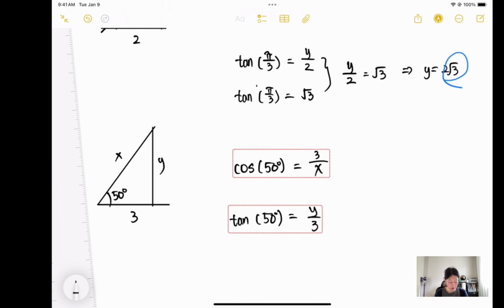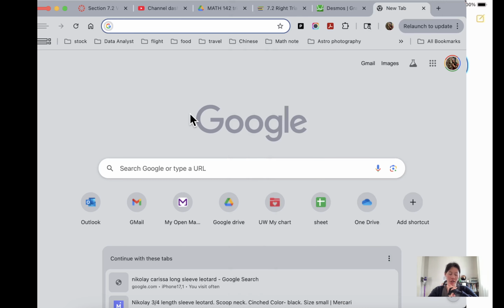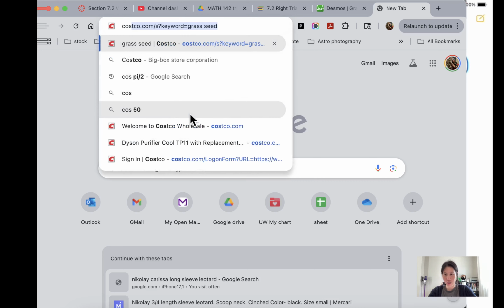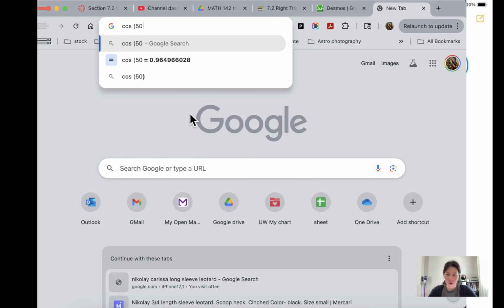But we never talked about how to find cosine 15 degrees. Here, I want to teach you how to do it with a calculator. To calculate cosine 15 degrees, all you need to do is go to Google and type in sine or cosine or tangent, cosine, parentheses, 15.